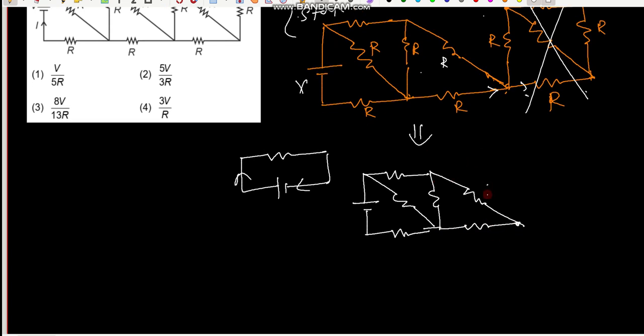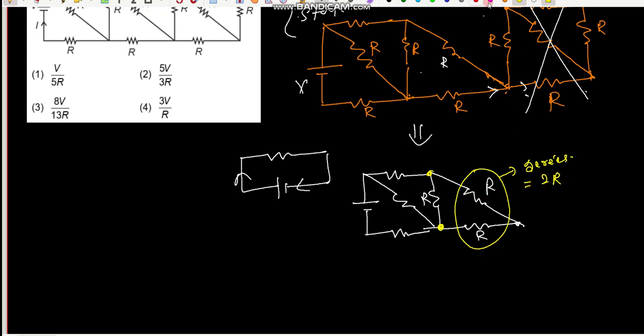Now this is R, and this is R. If you collect these terms, see the potential here. This whole part is in series. So how much is the equivalent resistance for these two? It's 2R.